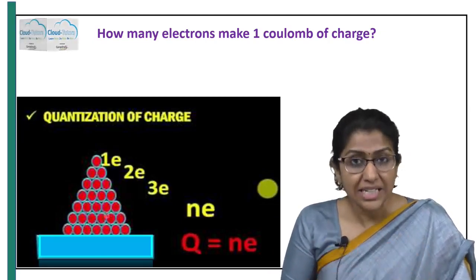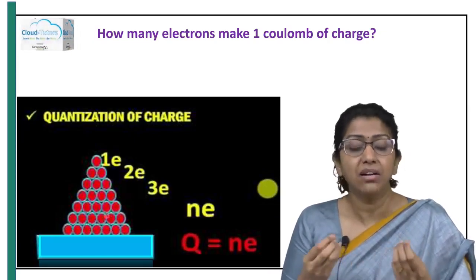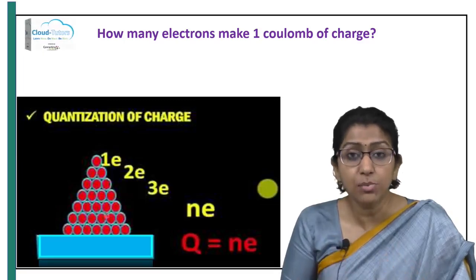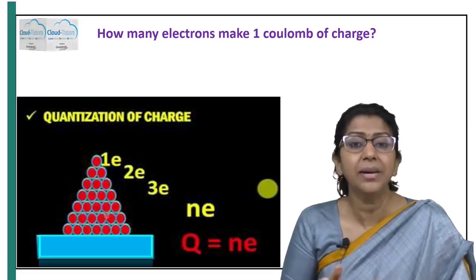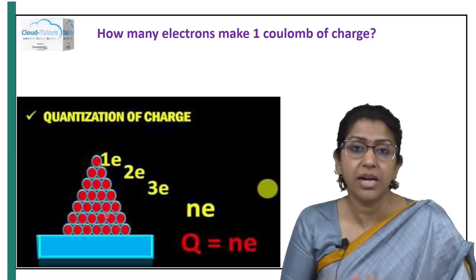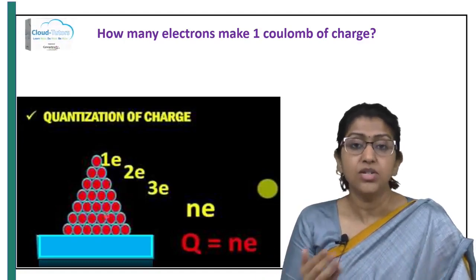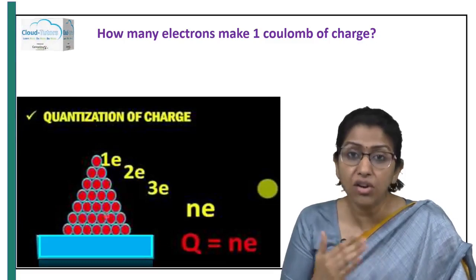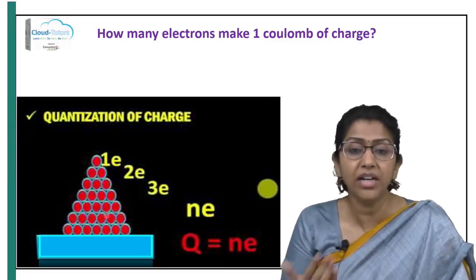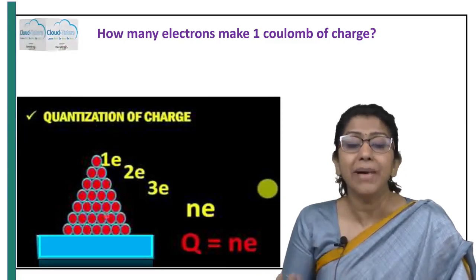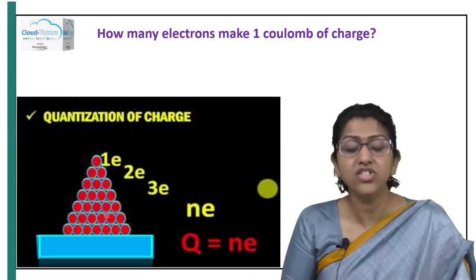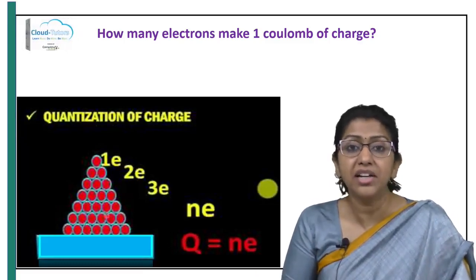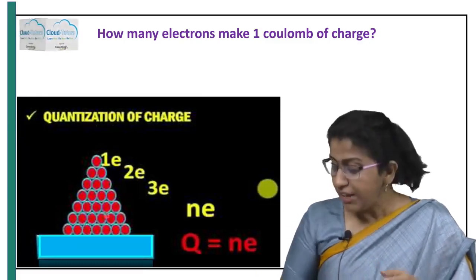So what we can say here is the amount of charge possessed by an electron is the fundamental amount of charge possessed by a particular object. Multiples of an electron's charge can be used to measure the total charge possessed by a given object.